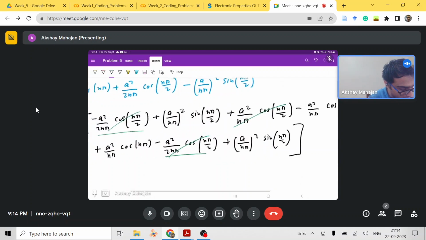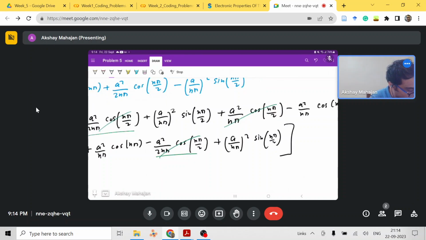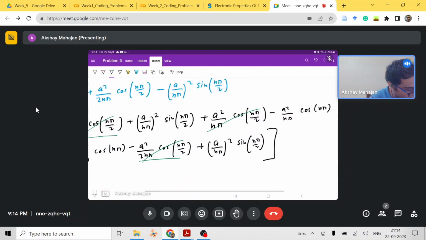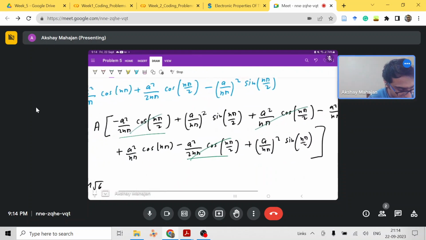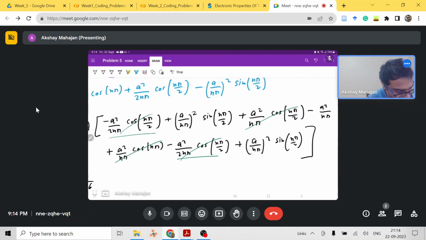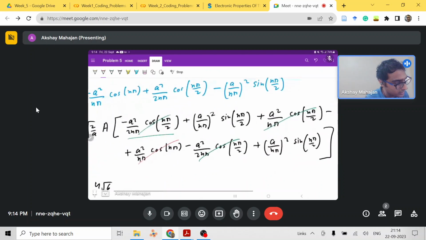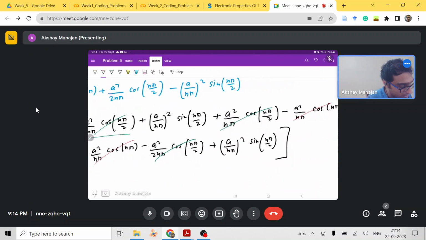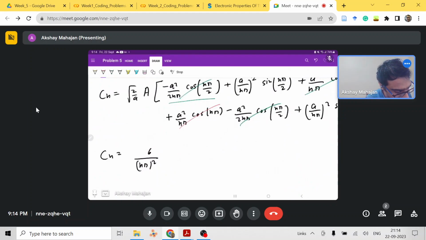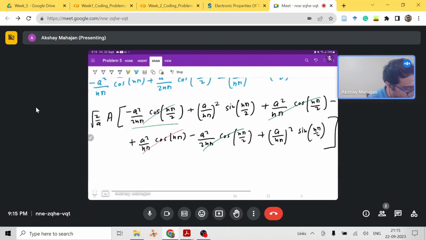Similarly, we also have minus a square upon n pi cos n pi and plus a square upon n pi cos n pi. So these two terms will cancel out with each other. These three terms will cancel out with the green terms, and this red will cancel out with each other, and these two terms will just add on.